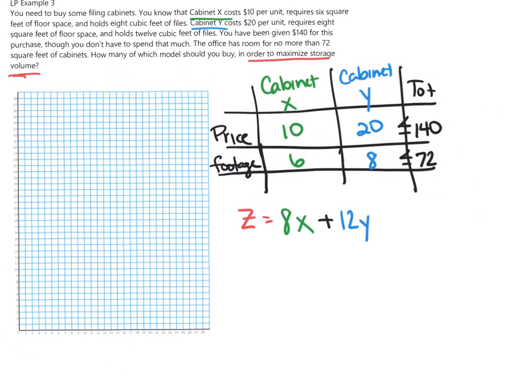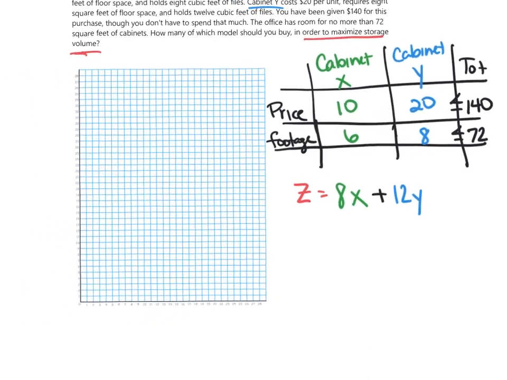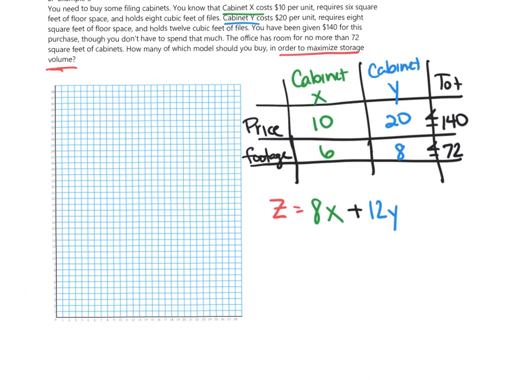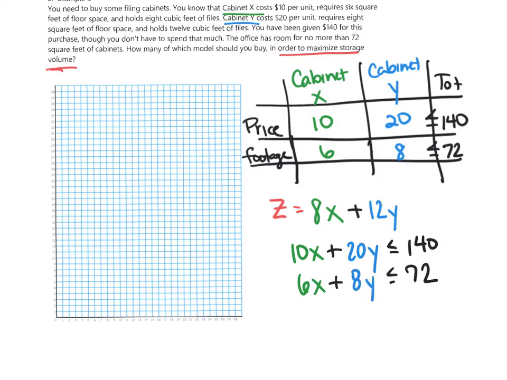So when I go to set this up, here are the actual restraints. I have 10X plus 20Y has to be less than or equal to 140. And then 6X plus 8Y has to be less than or equal to 72.